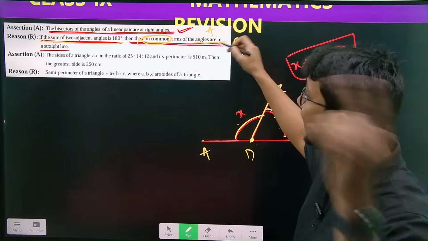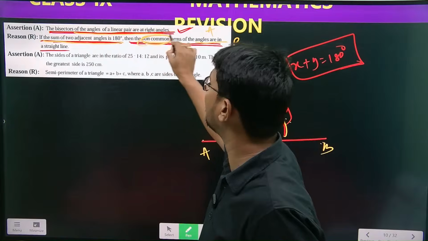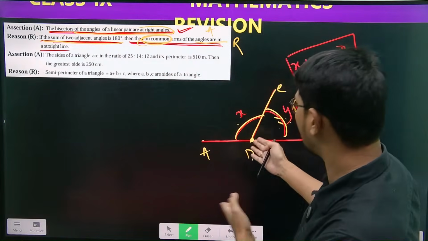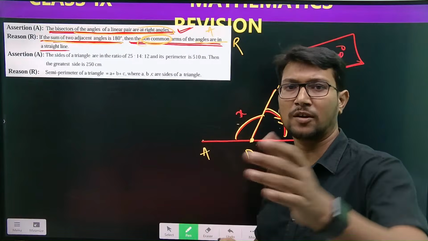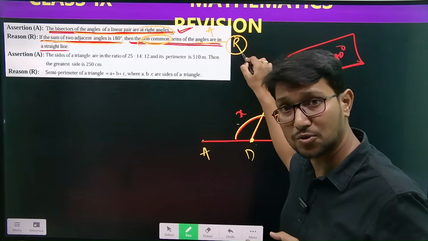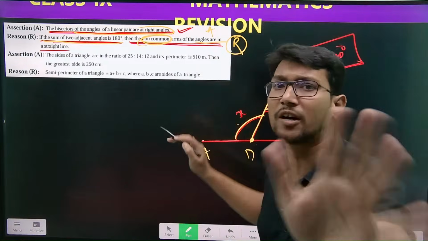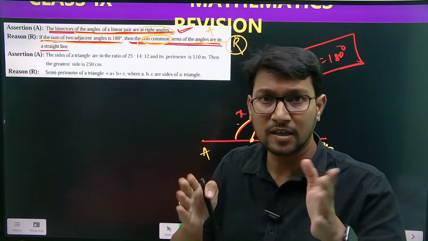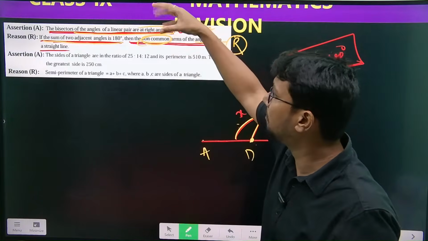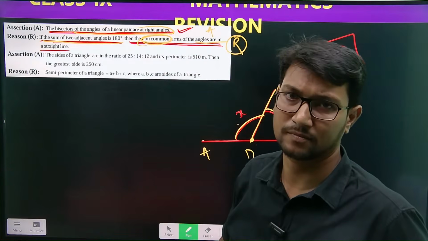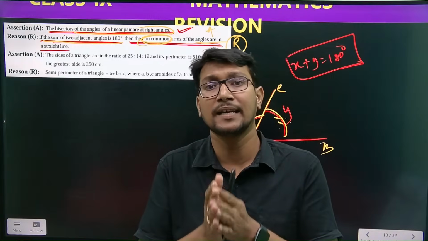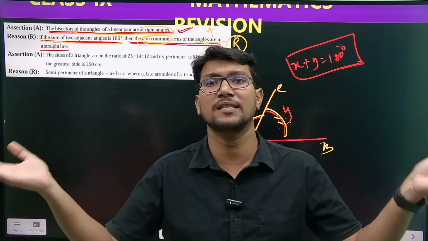But A is saying that the bisector of the angles of a linear pair is at right angle. R is not explaining about the bisector. Hence assertion true, reason true, but the reason is not correctly explaining, because the reason is not talking about the bisector of the linear pair. It is only saying that if the sum of two adjacent angles is 180, then the non-common arms are in a straight line.